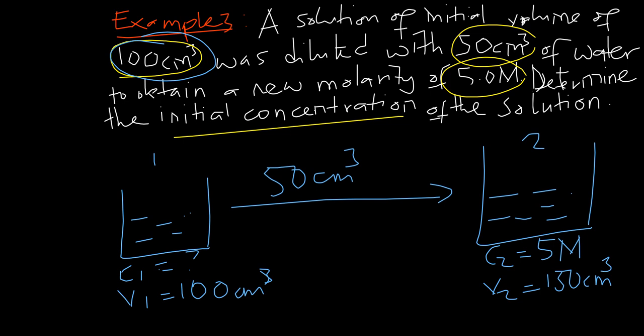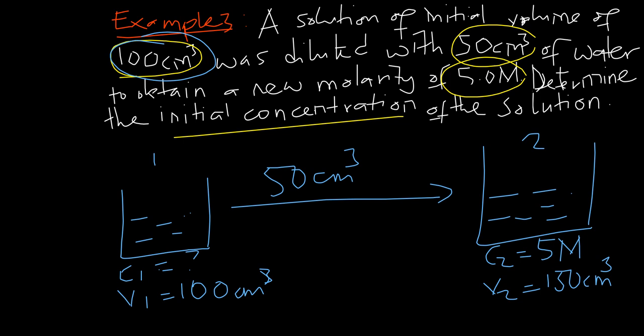So these are the pieces of information we're going to use to solve the problem. C1 we don't know, that's the initial concentration, and that's what we're going to look for. V1 we are told is 100 cm cube. C2 we are told is 5 molar. Then V2 we know is now 150 cm cube. We got that by adding the quantity of water, 50 cm cube, to the initial volume of 100 cm cube.